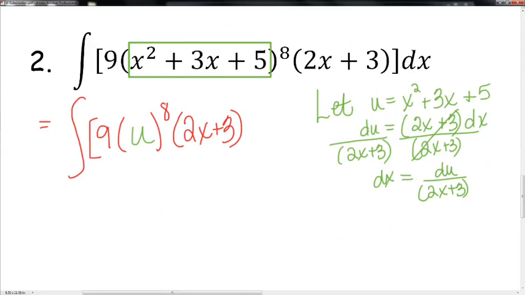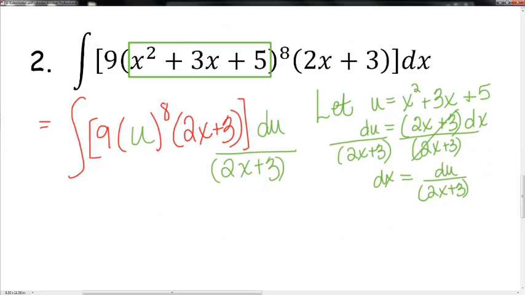And remember we have dx. Instead of dx, we're going to write du divided by the quantity 2x plus 3.